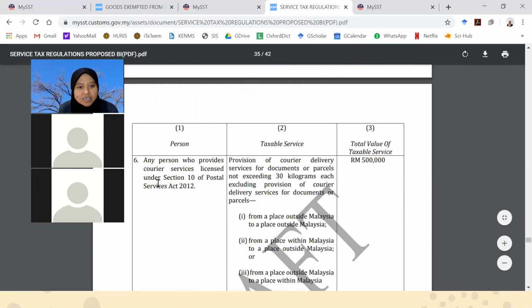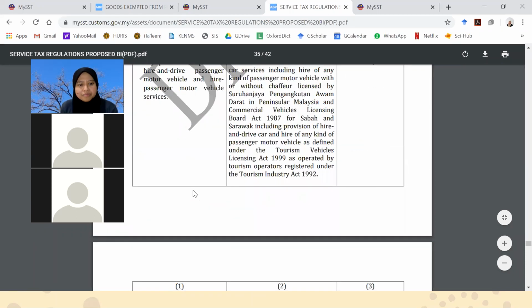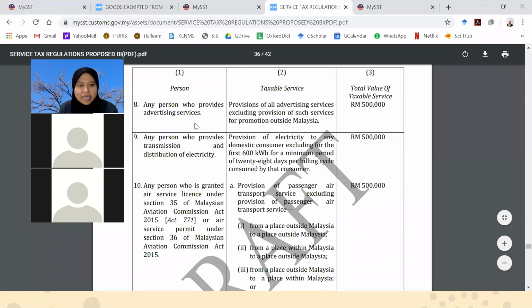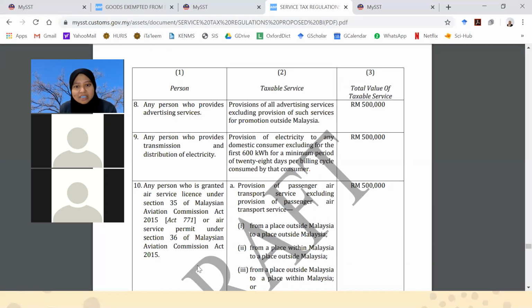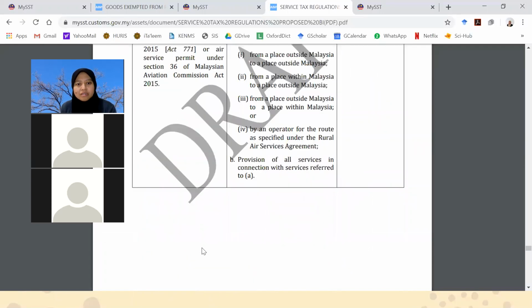Number 6 is courier service. Number 7 is hire and drive passenger motor vehicle. Number 8, advertising. Number 9, electricity. Number 10 is air service license. All right, that's all.